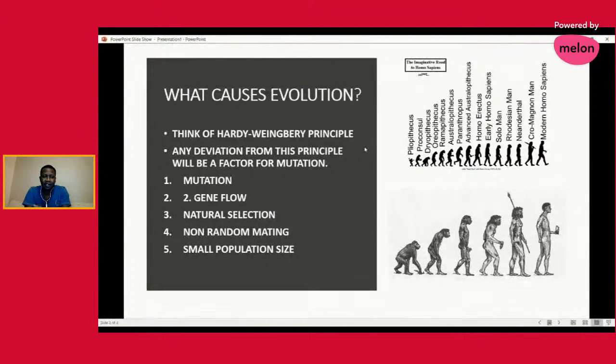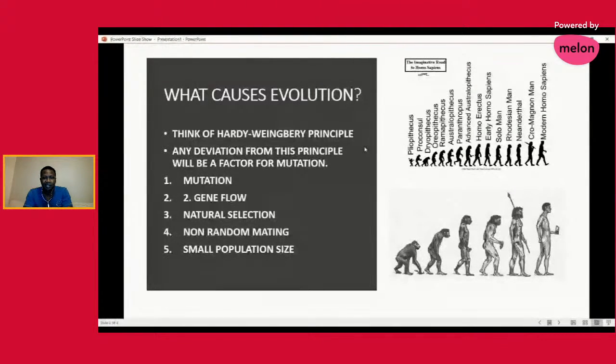Now today we're going to look at interesting things, and I would advise us to look at the matters on the table and forget about every other thing. We're going to look at some of the possible causes of evolution. If you recall what we discussed yesterday, we looked at a situation where in a population there is no possibility for evolution to take place.